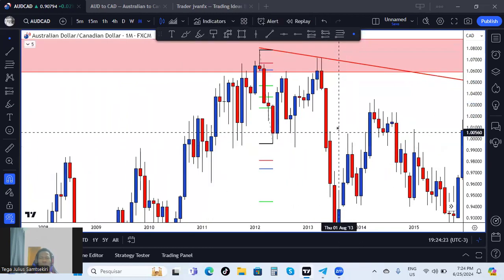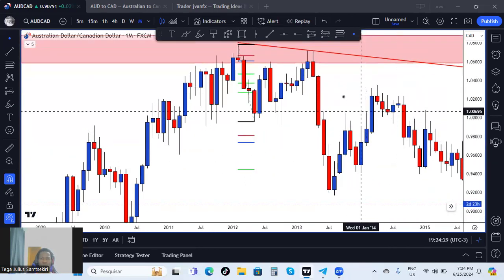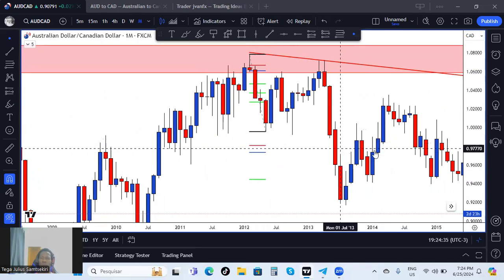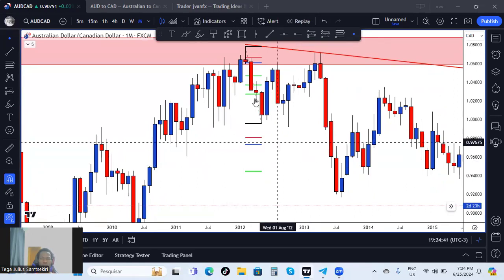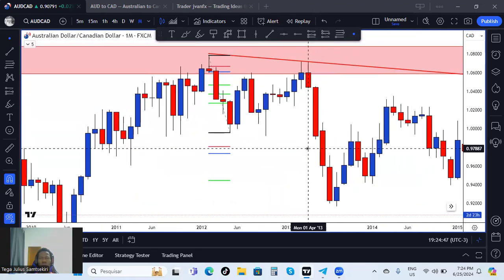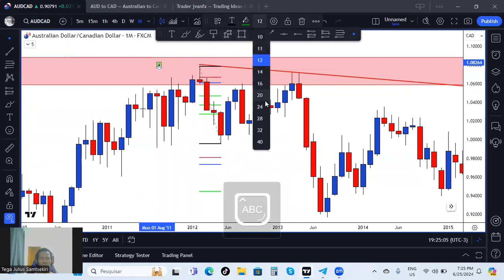Okay. So back in time, this was the original Fibonacci, and it was showing us the direction of the market. As you can see, it's facing the downside, so it's telling us that the market is going to go down. By the time the market came all the way towards this level, this was the A. Let me make it bigger.